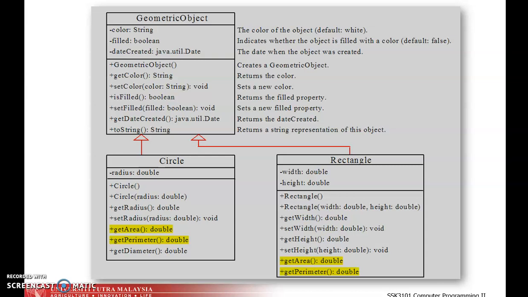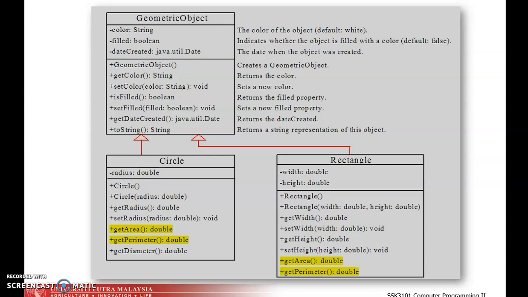They share the same method names. However, the formula or the implementation is different for the circle and rectangle calculation. In short, getArea and getParameter methods for the Circle class are not the same as the Rectangle class.